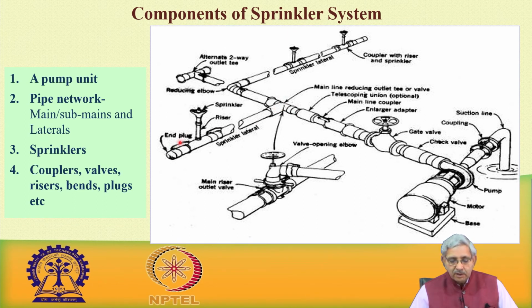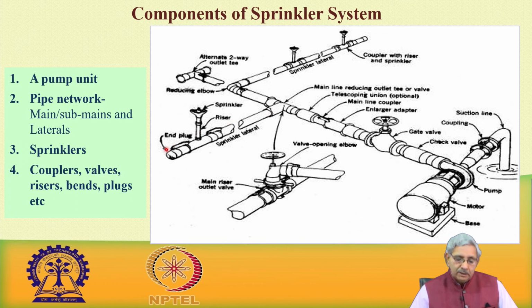This is a sprinkler lateral, and on this sprinkler lateral the riser pipeline is attached, and this riser pipeline has got a sprinkler head. These sprinkler heads are provided at appropriate locations depending on the requirement.